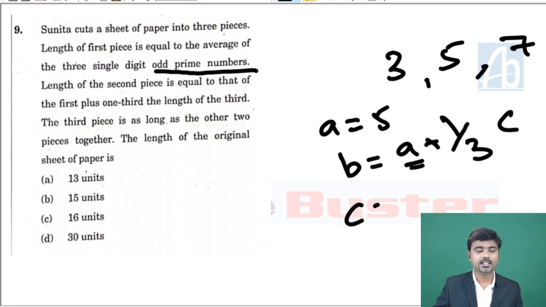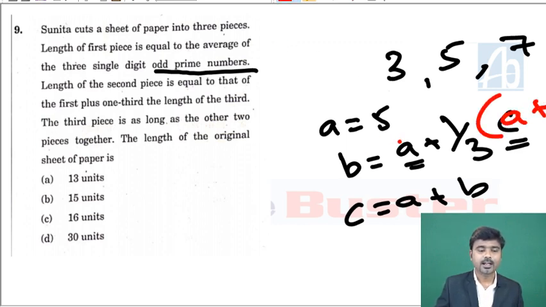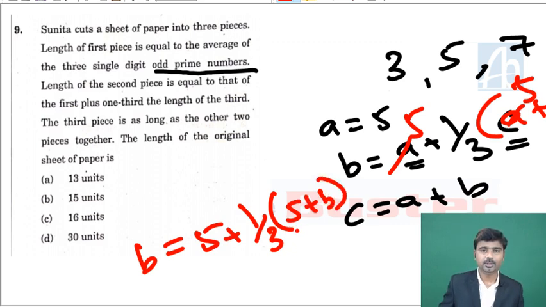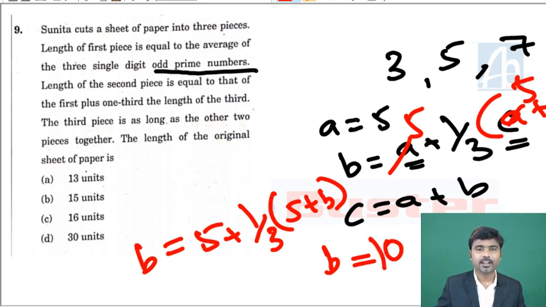Listen here, C is equal to A plus B. Instead of C, we can substitute A plus B, and we know the A value is also 5, here also 5. That means B is equal to 5 plus 1/3 of (5 plus B). It's very easy to find the B value. B value is 10. Once the B value is 10, can you find the C value? C value is equal to 15.